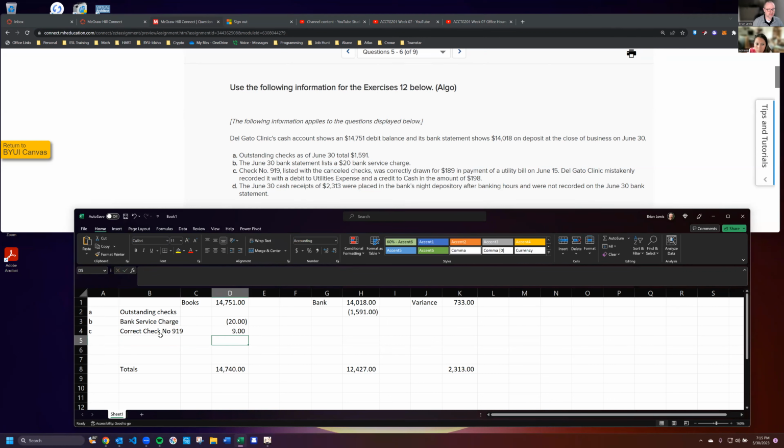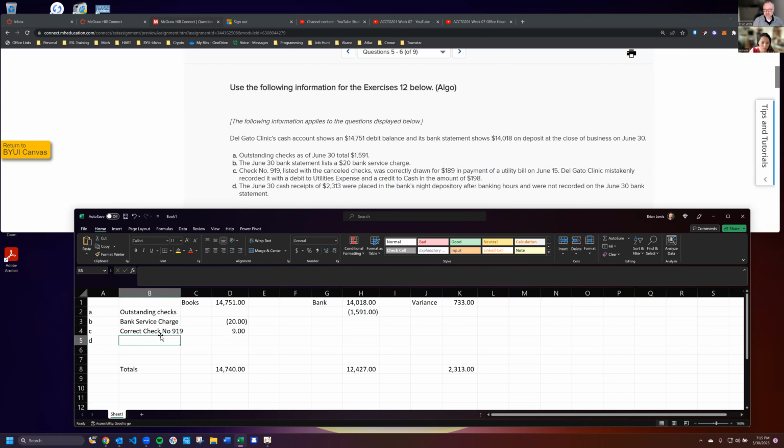So it's a $9 increase to your books. So 189 minus 198, or was it? Yep. Oh, yep, okay, that's what I did there. 198. Okay. Right, because you're going to put the money back into the account, and then you're going to take it. You can reverse it, yeah.